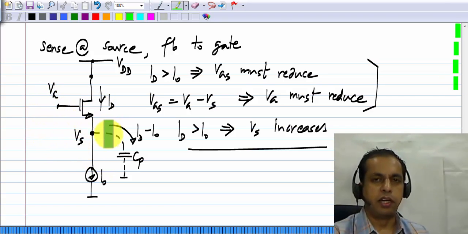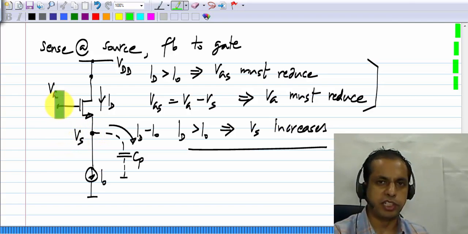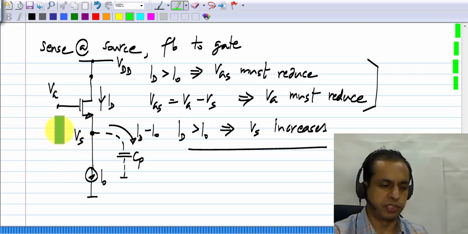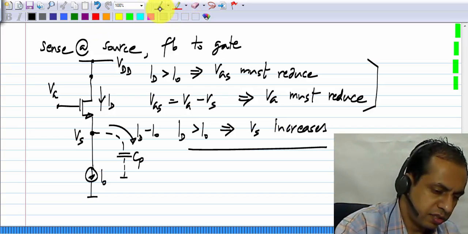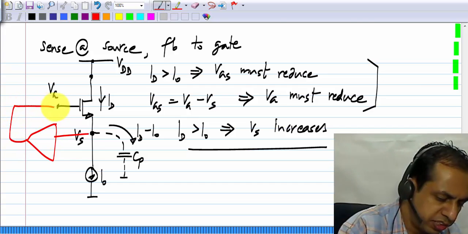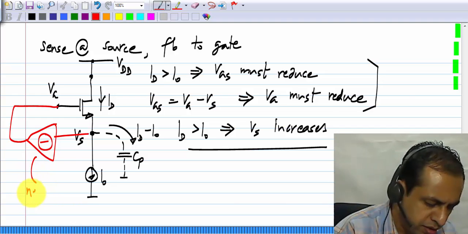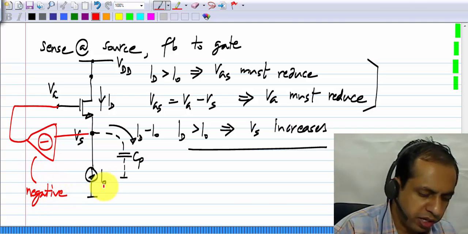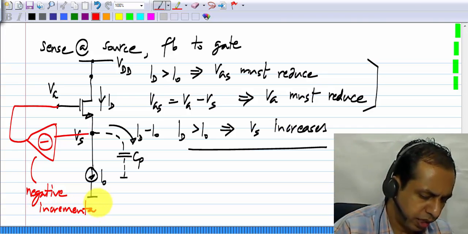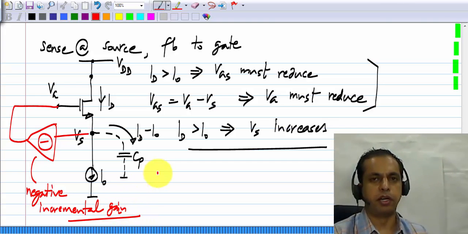So, like in the previous case, there must be a negative incremental gain between Vs and Vg. That is, if Vs increases, Vg must reduce and vice versa. So, we can connect some block that takes Vs as input and puts out Vg, and it must have a negative incremental gain, meaning its output reduces as the input increases. That is the meaning of negative incremental gain.